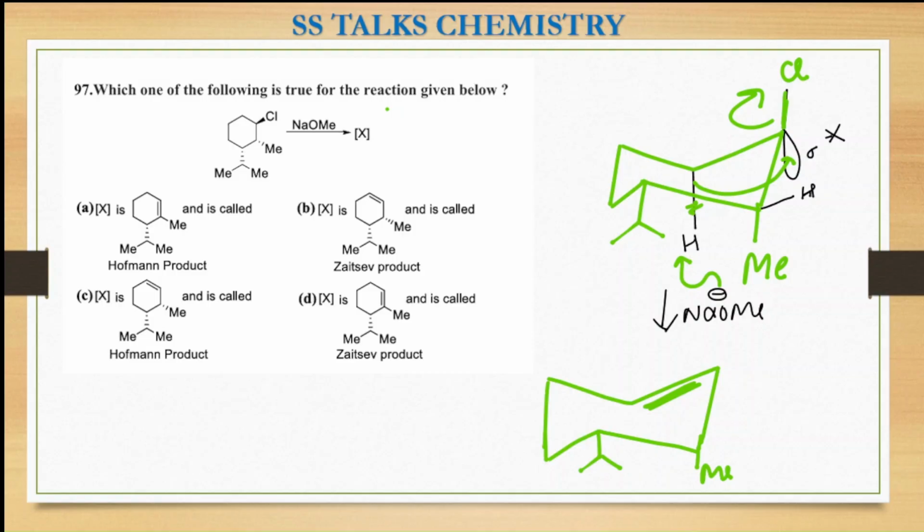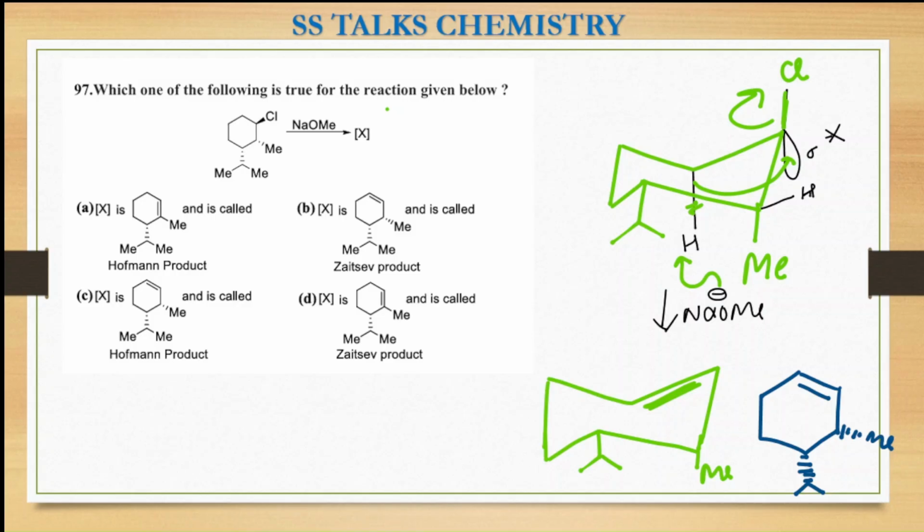So we can again draw it into the cyclohexane conformation. So alkene has been formed at this position. The methyl group is at the dash position. Here also this substituent it is remaining as it is. So this is the final product that we are gonna observe in this case. So the correct answer, we can see that in the option B and C, we are seeing that this particular alkene has been formed over here.